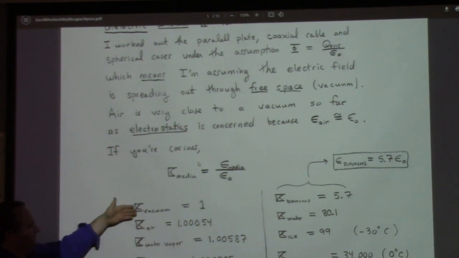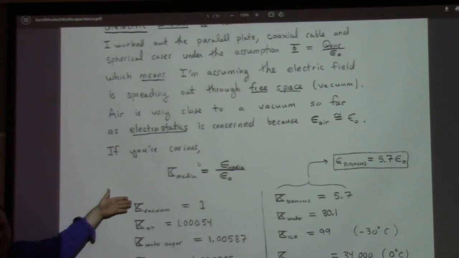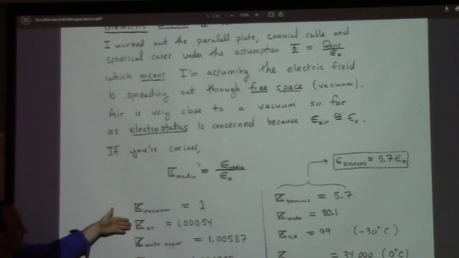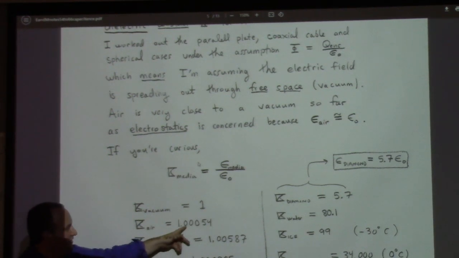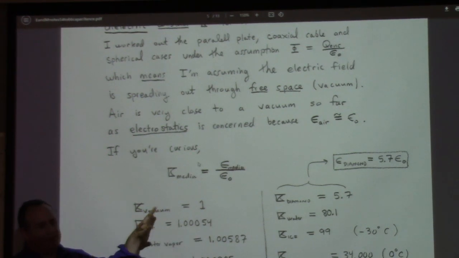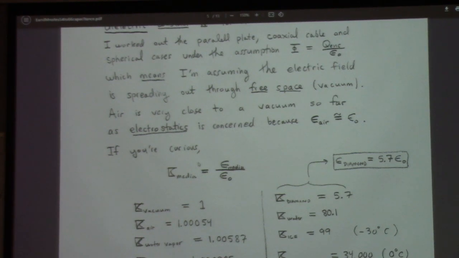For the vacuum, kappa is 1, because the vacuum is epsilon naught. For air, kappa is 1.00054. So for all intents and purposes, an air gap is pretty much the same as vacuum, which is why I wasn't lying to you much up to this point in the course.